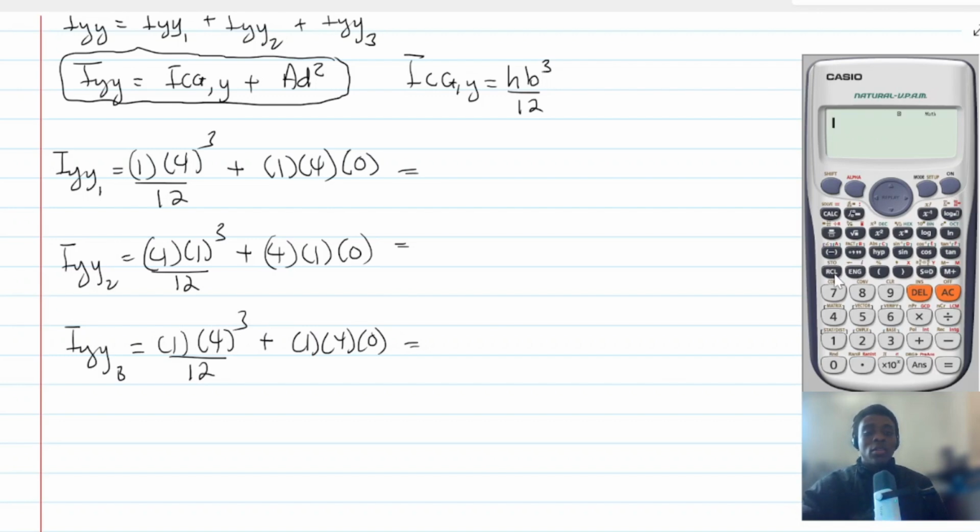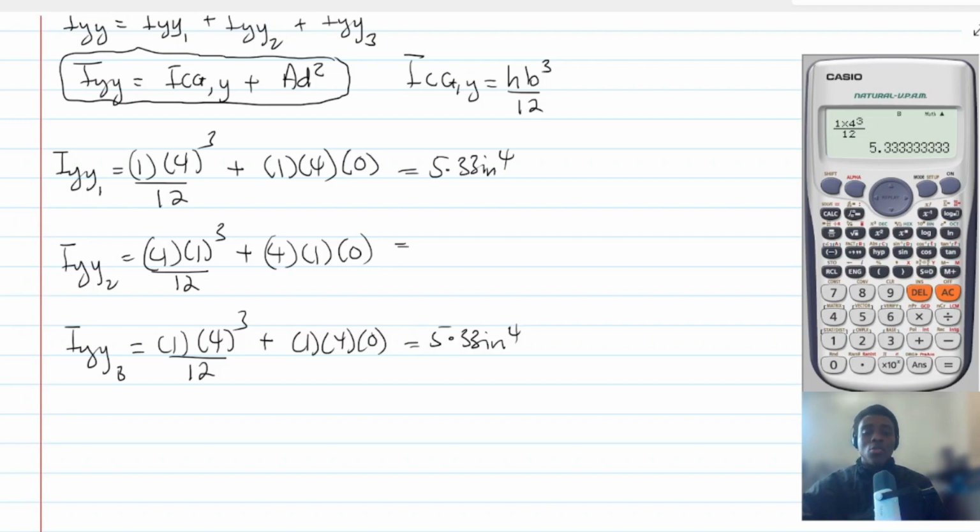For the first one, we have 1 multiplied by 4 to the power 3, then you divide by 12, and that's what? 5.33. So this one is 5.33 inch to the power 4, but we don't need to calculate the third one. It's the same thing, inch to the power 4.